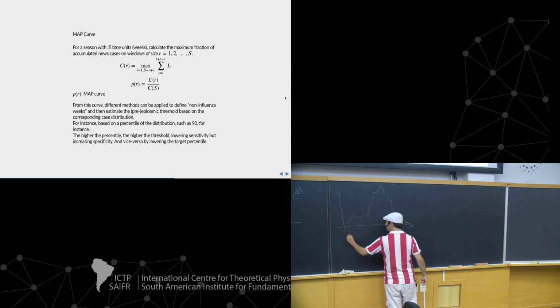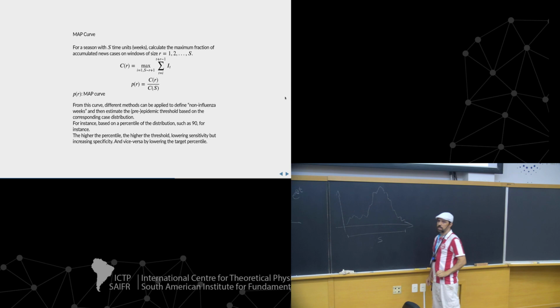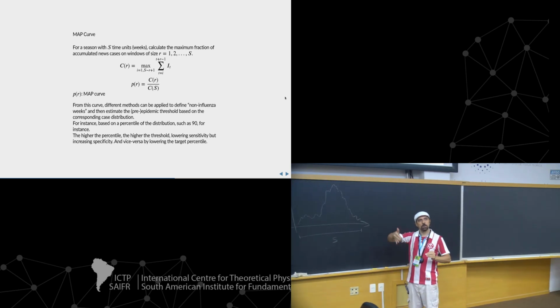So I have here a season of size S in terms of time units, or observations that I have. Let's say 52 weeks, for instance, if I'm looking at a full year with weekly cases. I have usually 52 weeks in a given year.